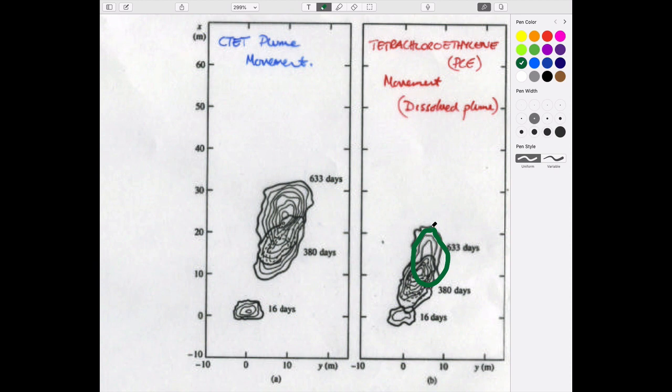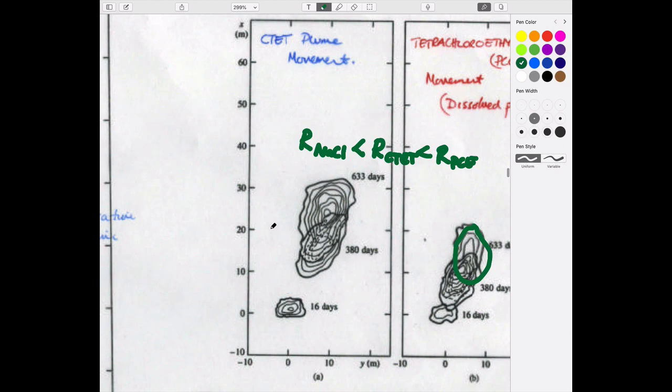So we'd expect, I suppose, that retardation for PCE is greater than that for carbon tetrachloride, which is greater than that for sodium chloride, which I think it was, right? Just because they've gone different lengths.